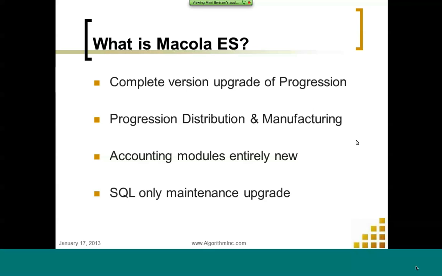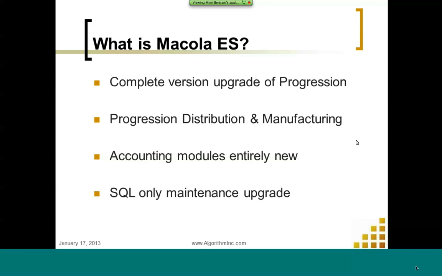And what they brought to the table was a product that they had in Europe called Globe. And what they did with the product that they purchased with Macola, which is progression, is they took what they considered the best parts of both of those products. They replaced the progression accounting with the Globe accounting function.